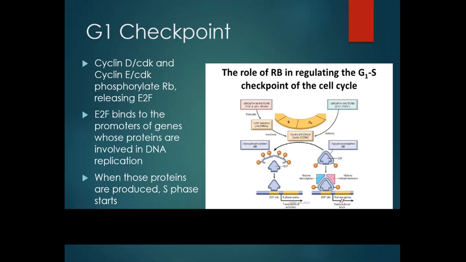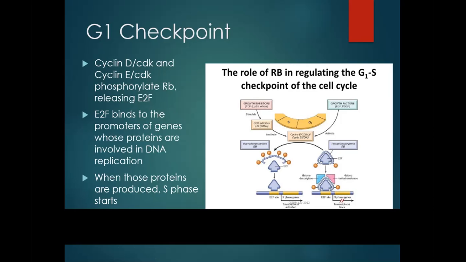RB is a negative regulator of a transcription factor known as E2F. So normally what happens in the cell cycle in G1 phase is E2F is sitting on its promoter, and RB is sitting on top of E2F, and is preventing E2F from activating genes that would move the cell into S phase.